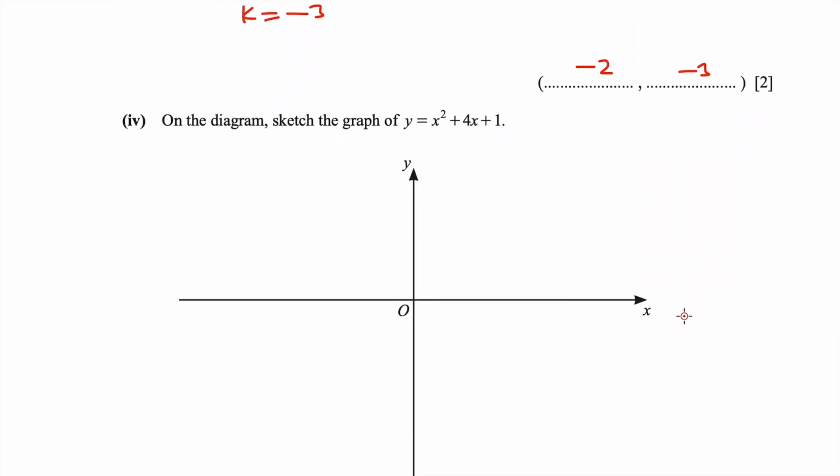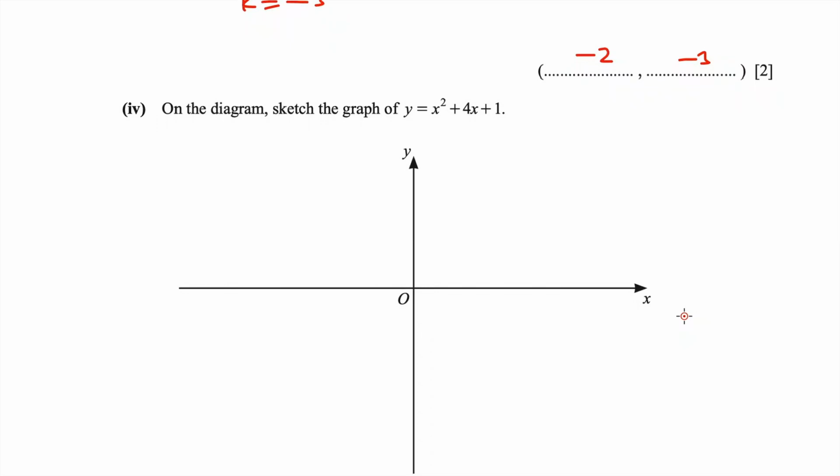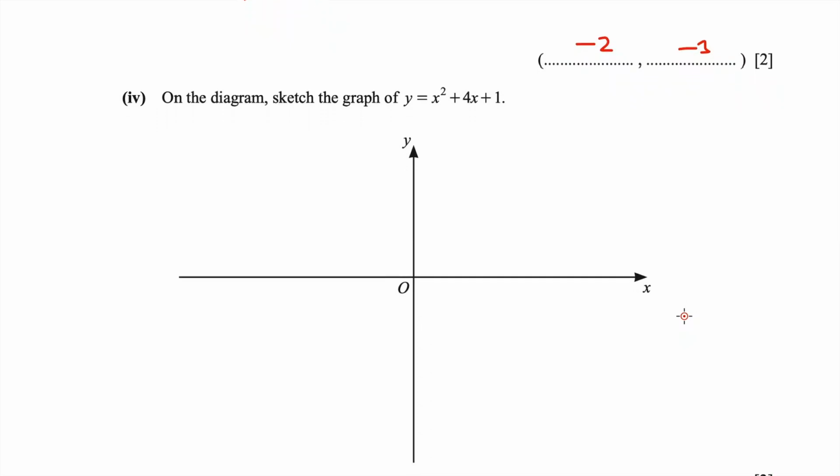On the diagram, sketch the graph of x square plus 4x plus 1. So how do you sketch it? If x is equal to 0, y is equal to 1. So one point is 0, 1.